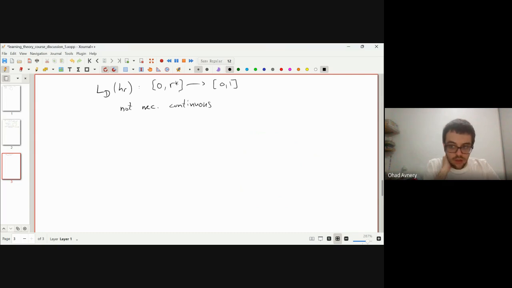Yes, so it's not necessarily continuous, but it is monotonically decreasing, and the error goes to 0 as R approaches R star. And it's also right continuous.